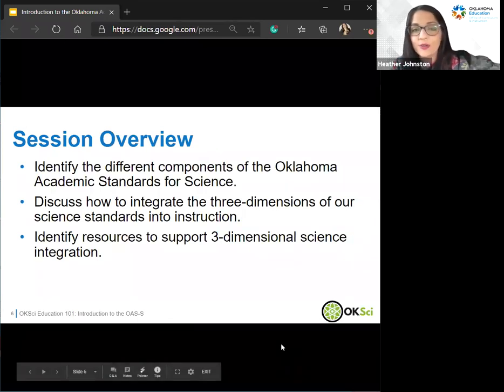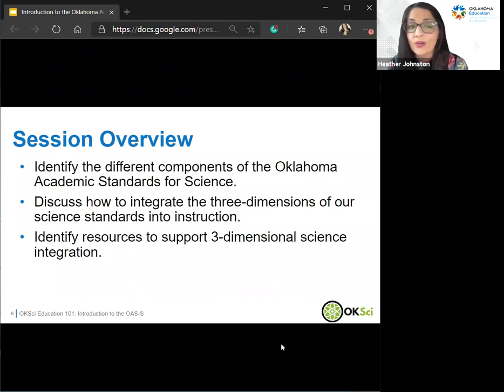A brief overview of our session today. We are going to identify the different components of the Oklahoma Academic Standards for Science. We will be discussing how to integrate those 3 dimensions of our standards into instruction. This will be a brief introduction because our next session will be focused more on phenomena and what that means and how to actually go through that process.